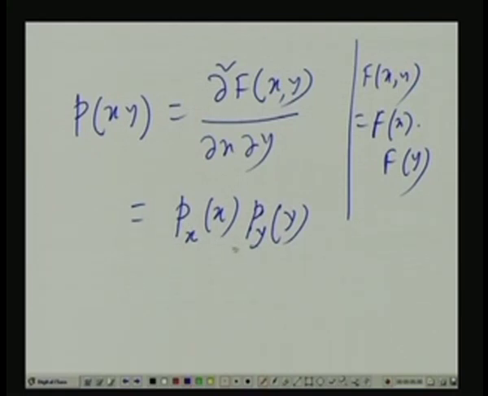Here I am bringing back the x and y subscripts, because otherwise I am using the same notation p here, but actually this is one probability density, this is another probability density, these two functions are not the same. That is why I am putting a subscript x here and y here, just to indicate that these are two different functions. This is a density function associated with x, this is a density function associated with y, just for that I am putting the two subscripts. Okay.